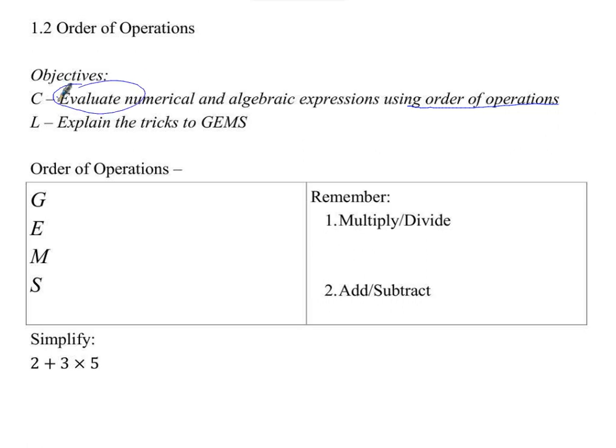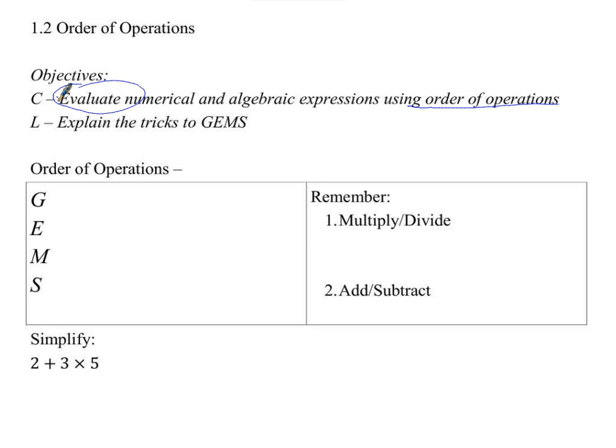Now we're going to also explain the tricks to GEMS. You probably have never heard of GEMS because probably you learned some other acronym for order of operations. You probably learned PEMDAS if you didn't learn GEMS, okay?